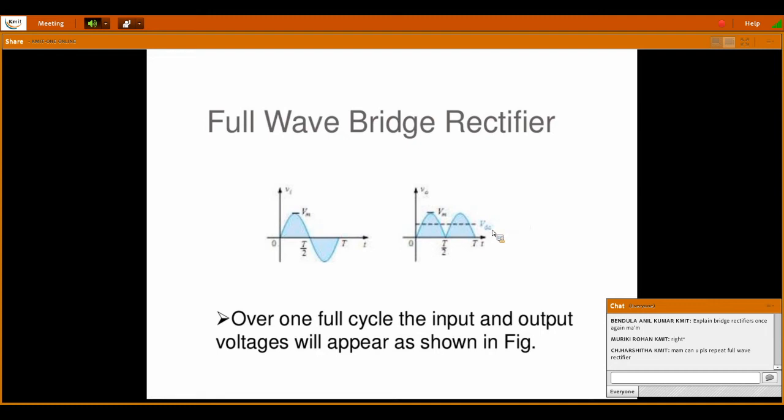Only a straight line we want if we want a pure DC. This pure DC will not be obtained by using rectifiers alone. We need to use filters. So when you pass this rectified output through a filter, you will get a pure DC. That is what we actually use in our appliances, like in power supply units.